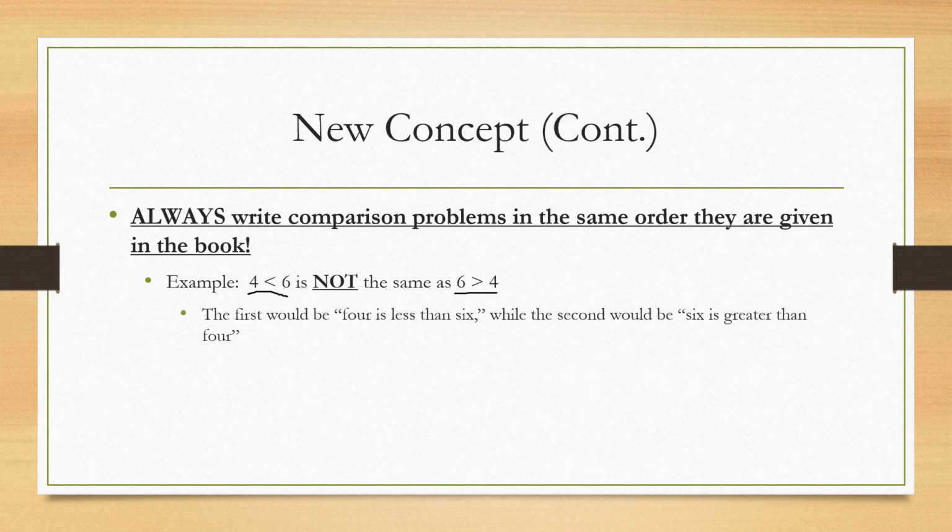The first one is 4 is less than 6, and the second is 6 is greater than 4. So if the book asked you to use digits and a comparison symbol to write 4 is less than 6, this one would be correct, this one would be incorrect. So you have to write them in the same order. If they say write 4 is less than 6, start with the 4. That way you'll make sure that you write it the way that they want you to write it.